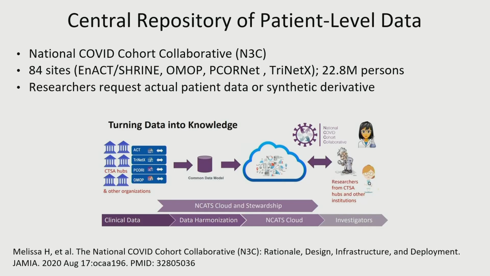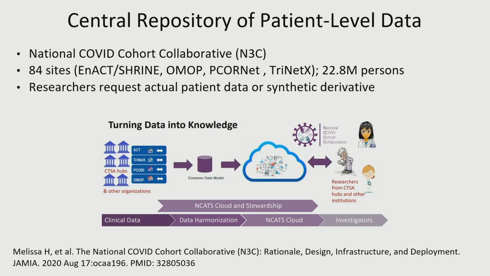The opposite of the federated networks are centralized databases. So sites take data out of their EHR and all pull it together in a central location. So one of the big ones during the COVID pandemic was the NIH-funded National COVID Cohort Collaborative, or N3C. Sites from all these different networks that I talked about, the federated networks, many of them contributed data to that N3C central repository. Has over 20 million patients there.